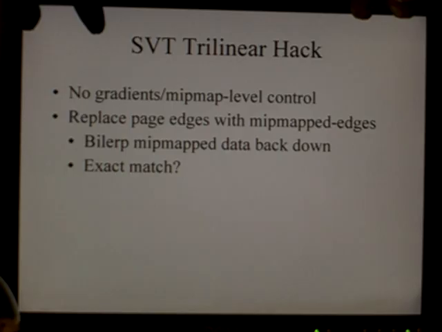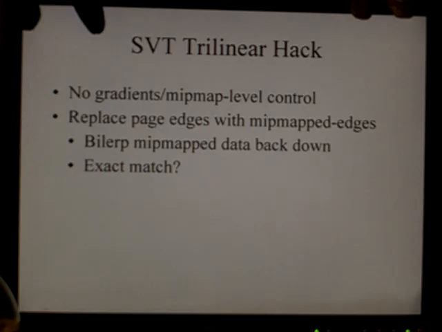It's kind of ugly. I'm not sure it's really shippable, but it happens to work in this demo for most things. So the case is if you have hardware that doesn't have gradients, and there's no way to just directly specify the MIP level either, and doesn't let you specify the gradient for the texture sample.